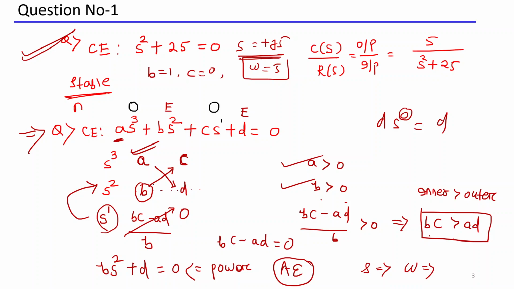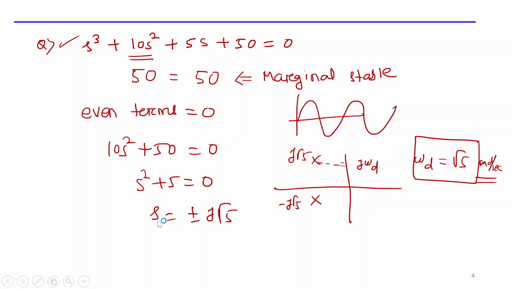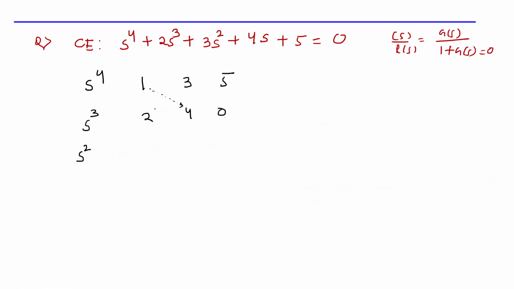You write b into c minus a into d divided by b. So first you multiply 2 into 3. 2 into 3 is 6, minus 1 into 4 is 4, divided by 2. Let me solve it: 6 minus 4 by 2 is 2. So I am writing down directly the answer. Here this coefficient is 2.